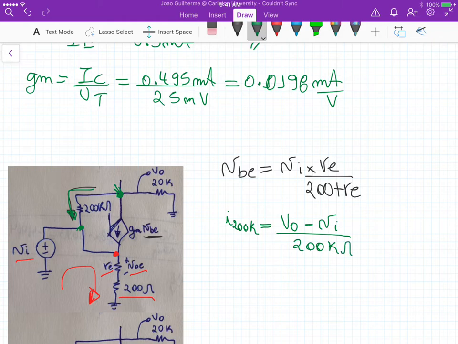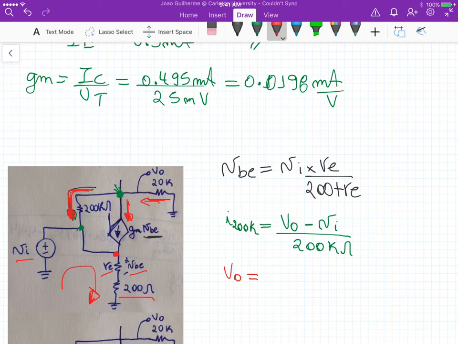And we also have an equation for V out. V out is equal to minus the sum of this current here plus this current here, times the load resistance, right? Because the current flowing through this 20k is actually the sum of this current, gm VBE, plus this I200k.